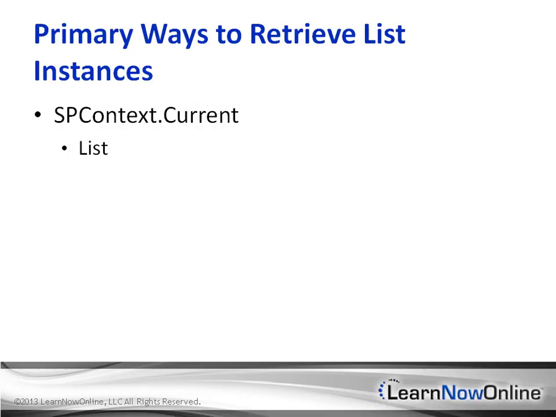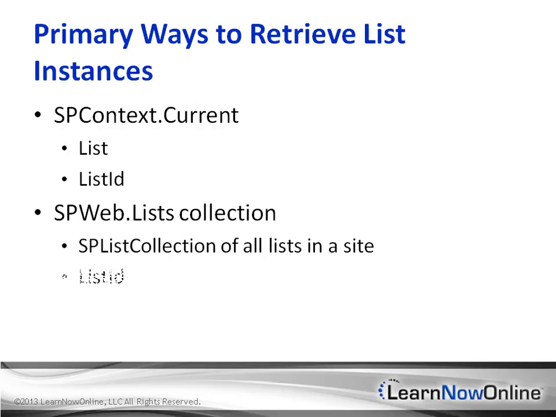And therefore, the SPWeb class has the SPWeb.Lists collection. And so that gives us the collection, and then if we know the list ID, we can get the list using the list ID.